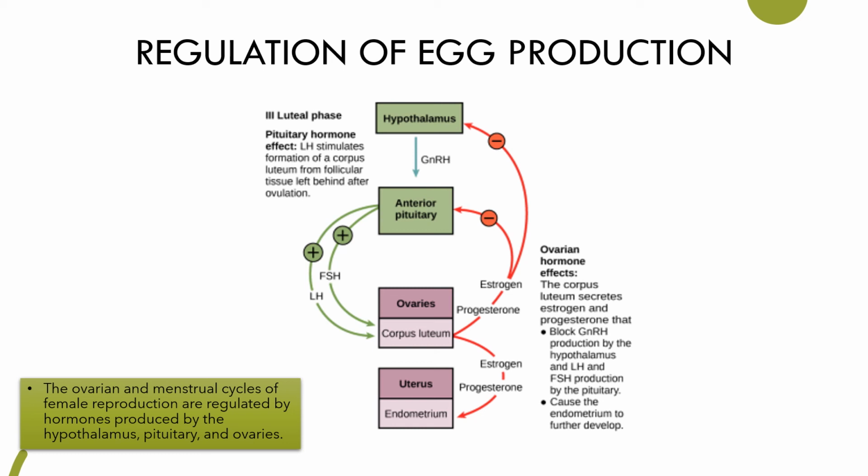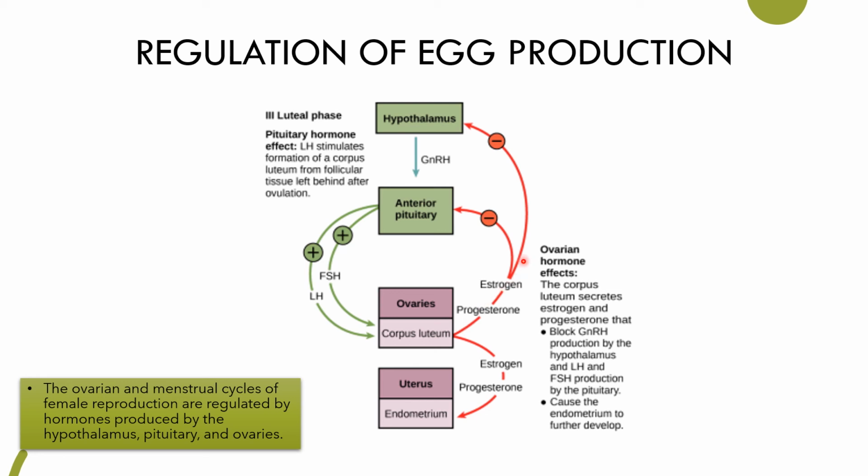So next, we also have the luteal phase. The ovarian and menstrual cycles of female reproduction are regulated by hormones produced by the hypothalamus, pituitary, and the ovaries. So in the luteal phase, again, you have the hypothalamus secreting GnRH, affecting the anterior pituitary to release FSH and LH, affecting the ovaries and the corpus luteum. Okay, so it has a negative feedback, the estrogen and the progesterone to the uterus.